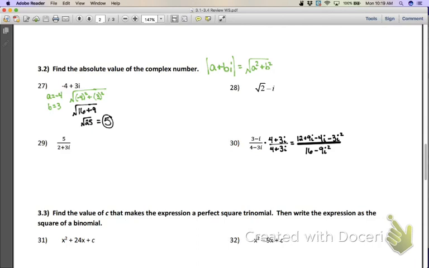Negative 3 times positive 3 is negative 9i squared. So then that's just going to be negative 3 times negative 1. This is going to be negative 9 times negative 1.